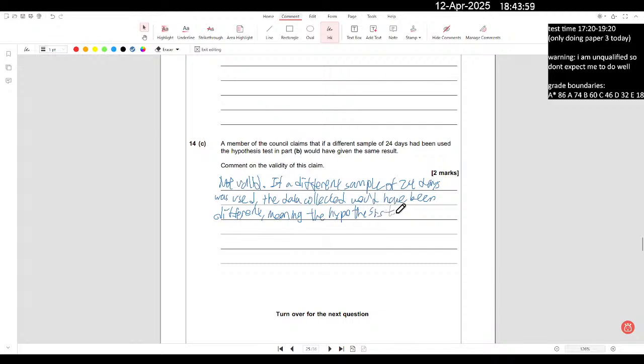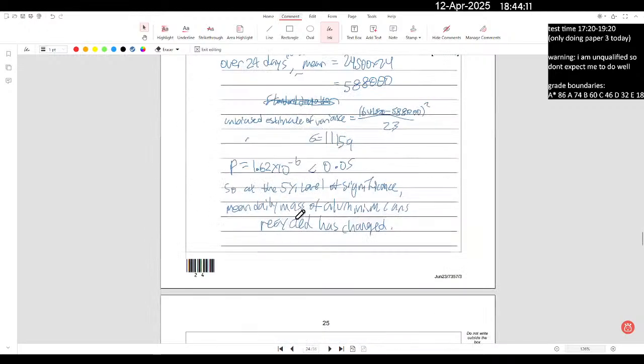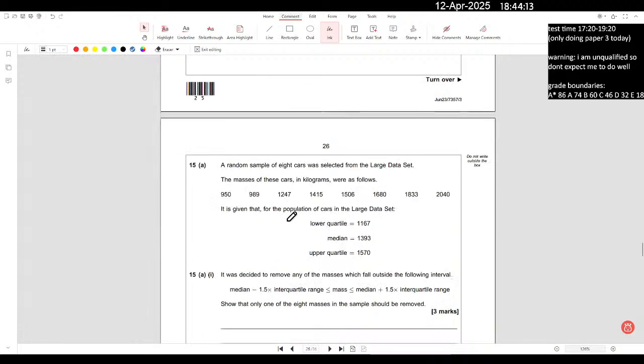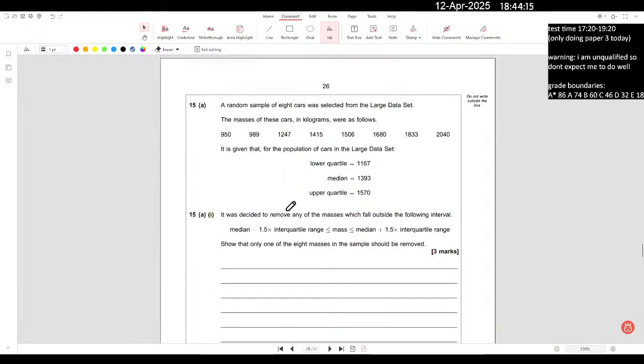I don't actually understand what this question is trying to ask. I'm gonna get like 2 out of 9 for this question, man, or 2 out of 10. It's because I don't know what they're doing. Okay, move on.